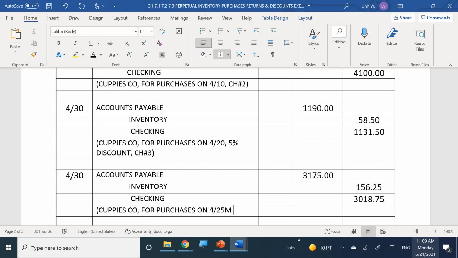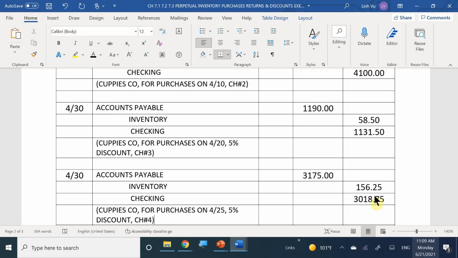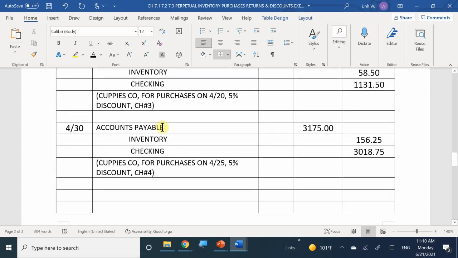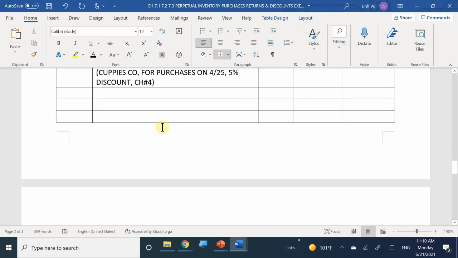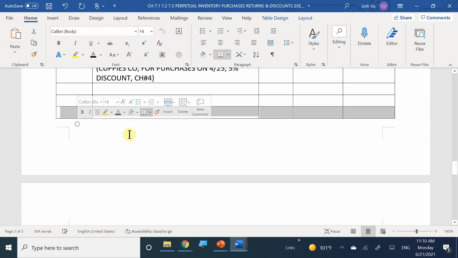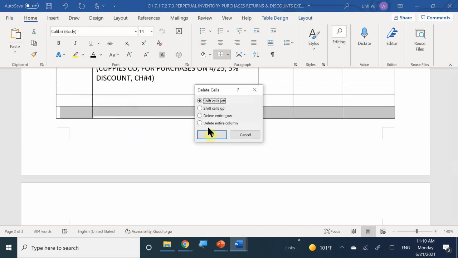I'm also going to write that I took a 5% discount, and that I wrote this on check number 4. And that is how we journalize our purchases of inventory with purchase returns and make a payment for the discount.